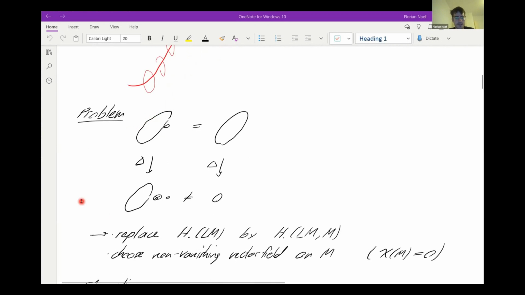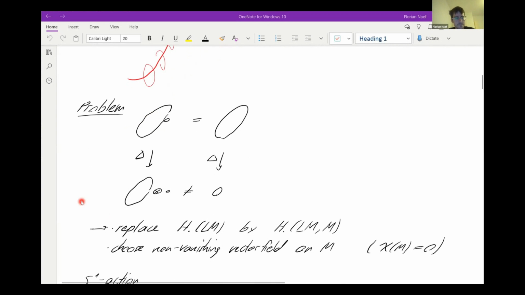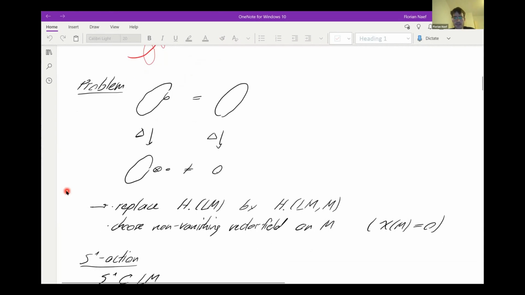So there's a thing that we need to fix, and there are two ways this can be done. The first is just to realize that this is the only thing that can ever happen. So whenever we get those small contractible loops, we throw them away. Here, M sits inside of the loop space of M as small contractible loops, or actually constant loops.